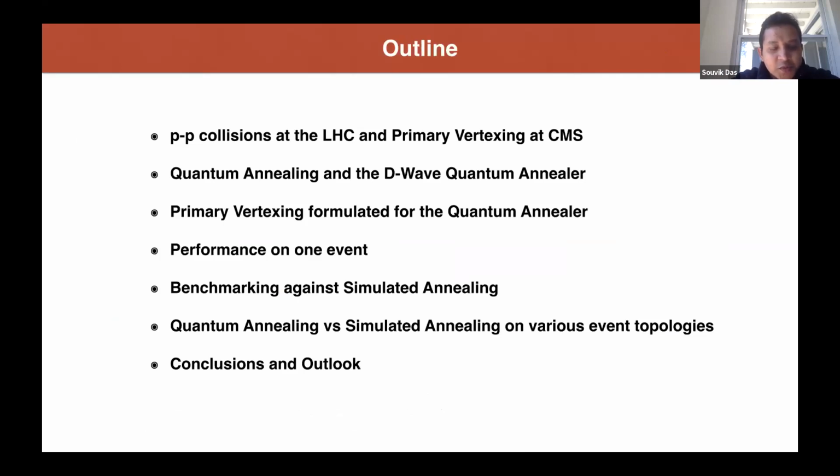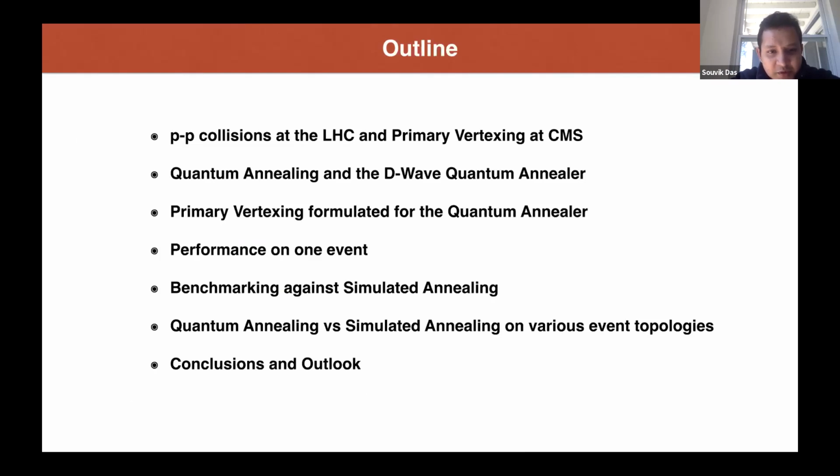Okay, so quick outline of the talk. We're going to discuss what proton-proton collisions at the LHC are and what we do when we say primary vertexing at CMS. I think there was already a session in the morning that dealt with primary vertexing, so we're probably familiar with it, but nevertheless, since this is an independent talk, I will introduce it. I will introduce quantum annealing itself, the theory, and the hardware that is available with the D-Wave company in Canada.